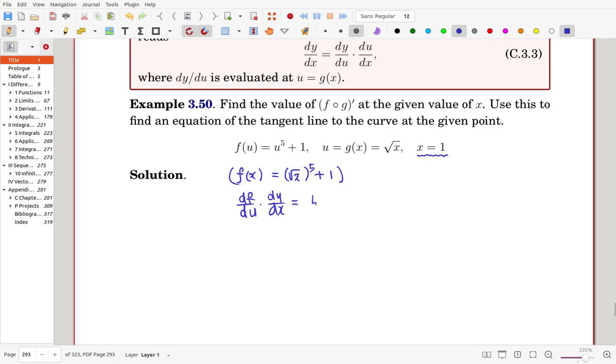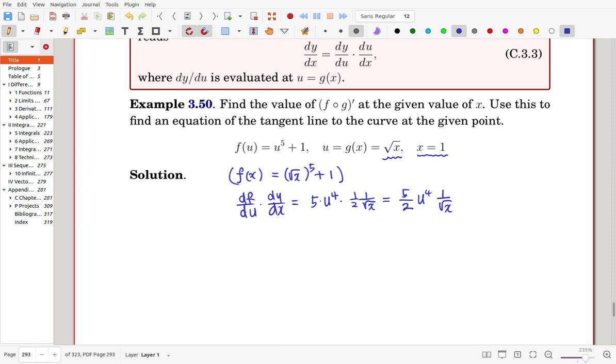So it's 5 times u to the 4, and the x derivative of u will be half times 1 over square root of x. So from this one, the constants can be written as 5 over 2, u to the 4, and 1 over square root of x.